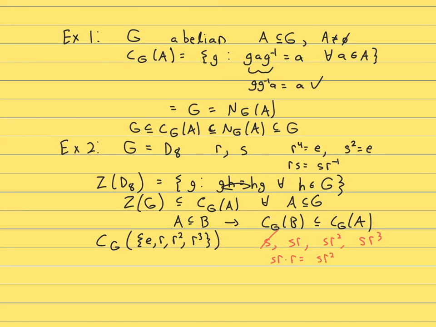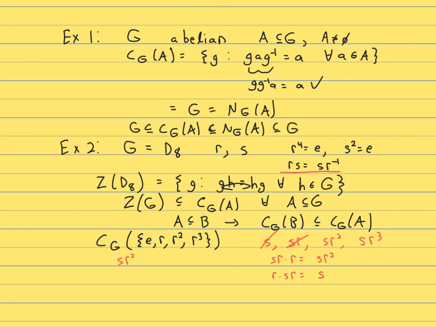For instance, if I multiply SR by R, I get SR squared. On the other hand, if I multiply R times SR, I'm just going to get S by applying this identity. And so SR is also not in the centralizer.